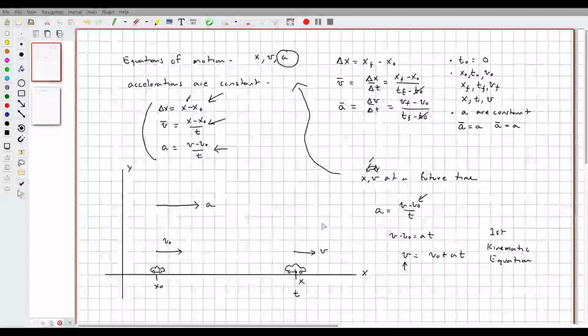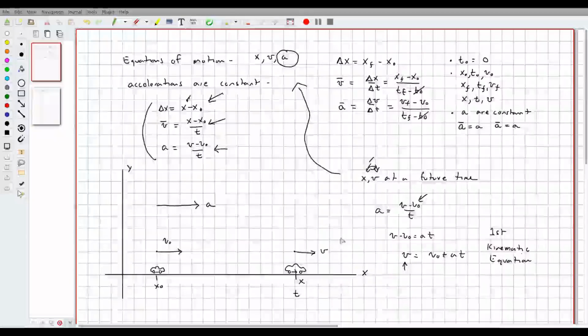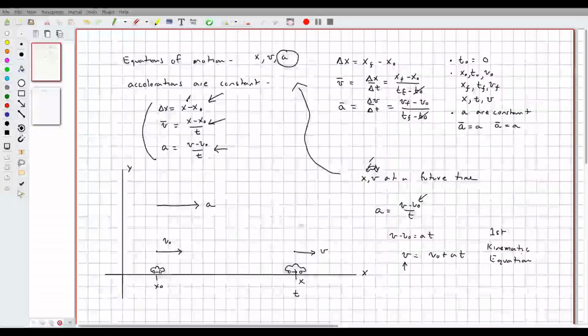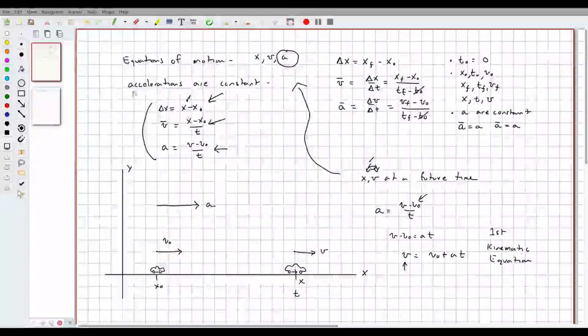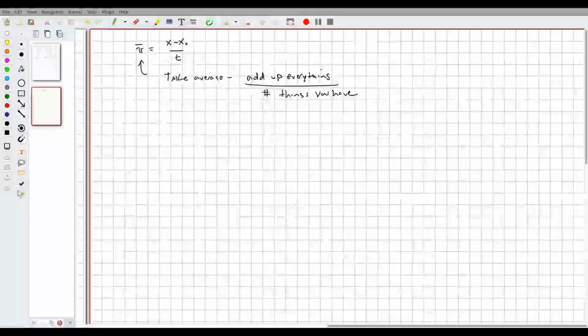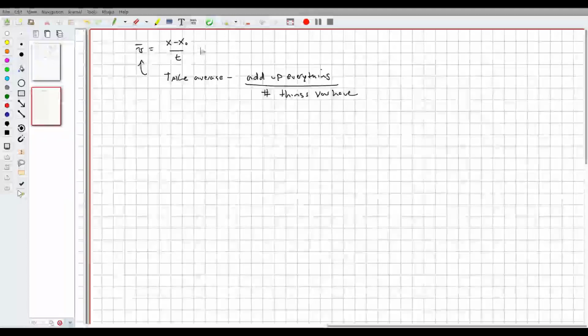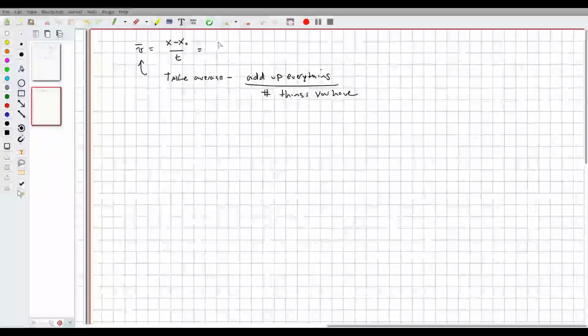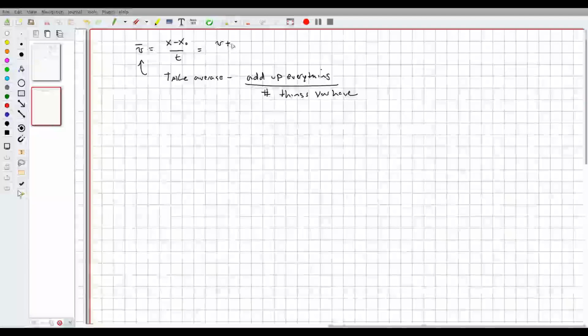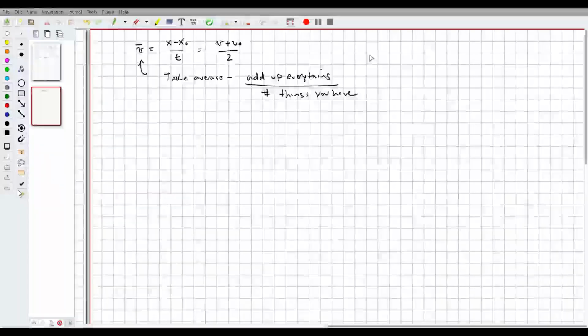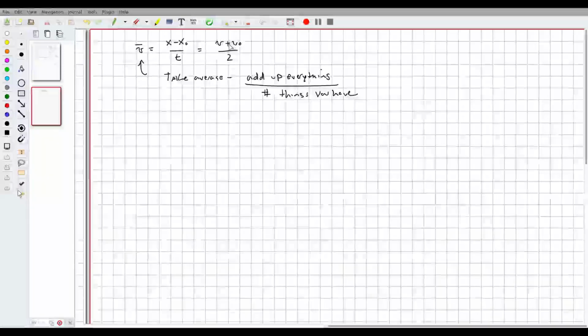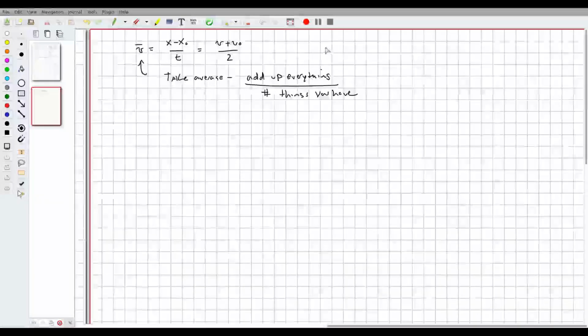So here, if you were to take the average of your velocity, you only have two velocities that you can work with, v naught and v. So another way of thinking about your average velocity is what you get when you add up the velocities that you have and divide by the number of them that you have: v naught plus v divided by 2.